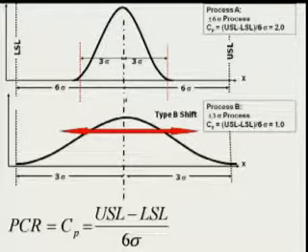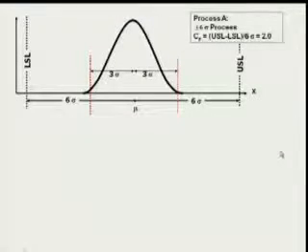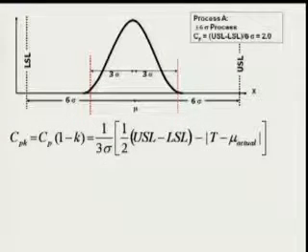And what does that mean? It means that the difference between upper and lower spec limits is 6, and the span of the process is 6, and that will give us a CP of 1. So you can see here that depending on the span of the process and the specification limits, a process can be 2 CP or 1 CP.